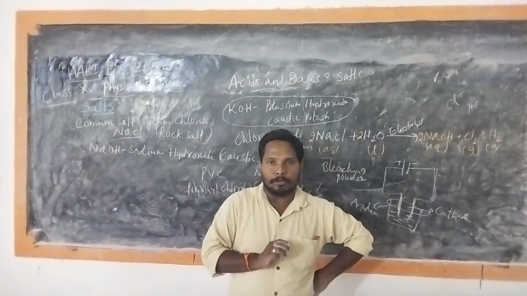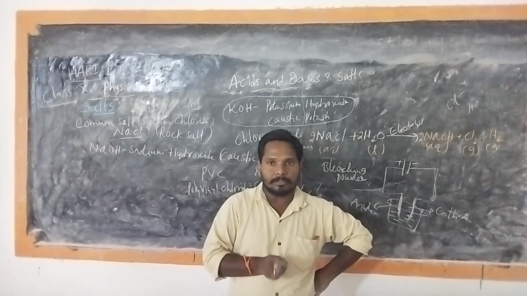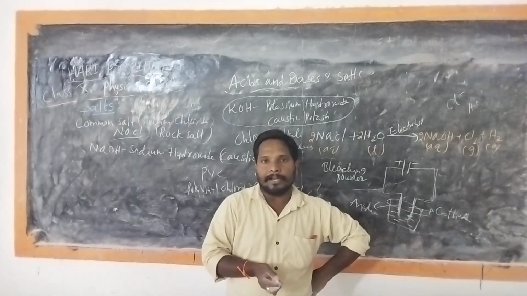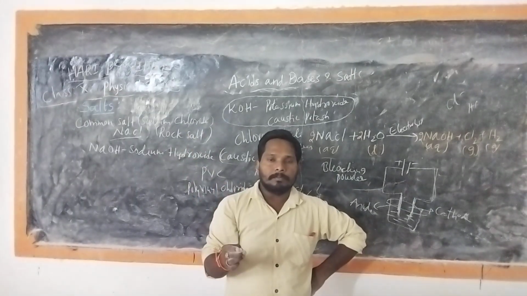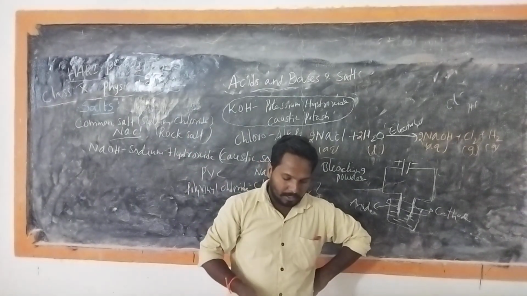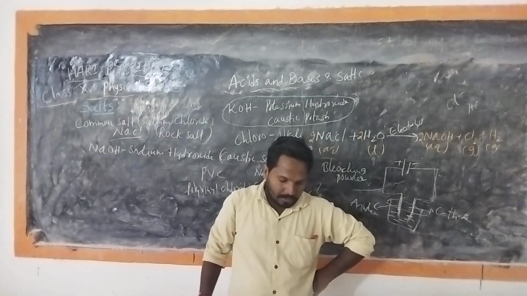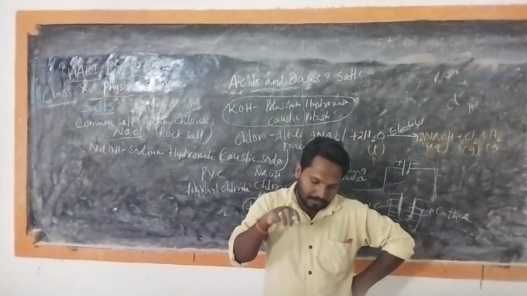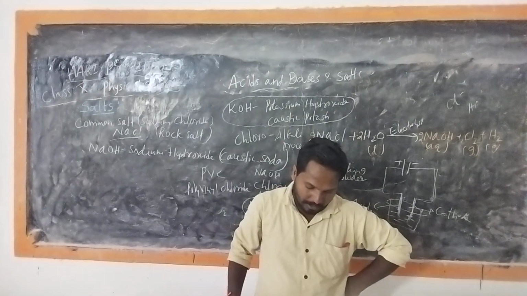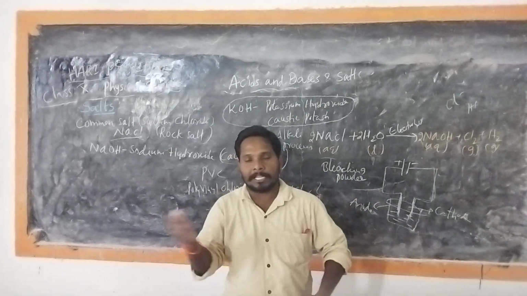Then uses of hydrogen. What are the uses of hydrogen? Hydrogen is used in the hydrogenation of oils to obtain solid fats called vegetable ghee, or vanaspati.